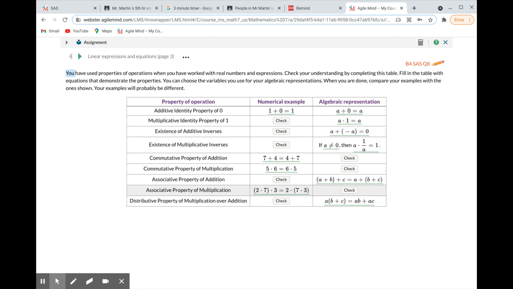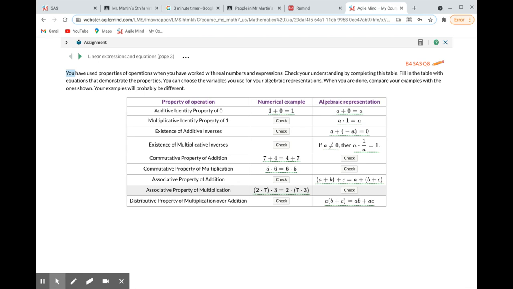You have used properties of operations when you have worked with real numbers and expressions. Check your understanding by completing this table. Fill in the table with equations that demonstrate the properties. You can choose the variables you use for your algebraic expression representations. When you are done, compare your examples with the one shown. Your examples will probably be different.